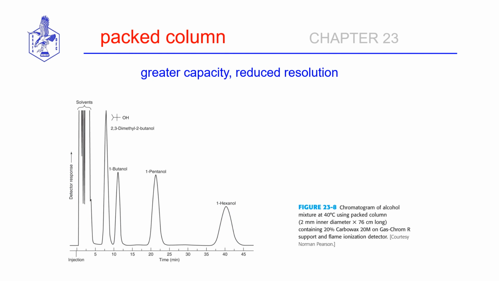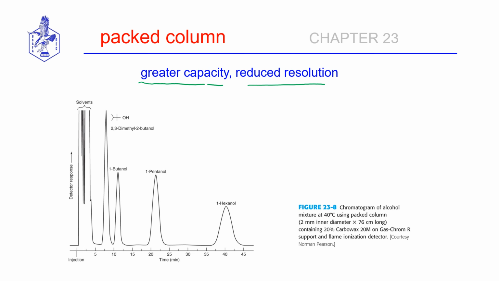And a final note on column selection: although capillary columns are superior in terms of resolution, if capacity is an issue or your detection mode is limited, you can use packed GC columns. The advantages, obviously, packed columns are going to give you greater sample capacity at the expense of reduced resolution.